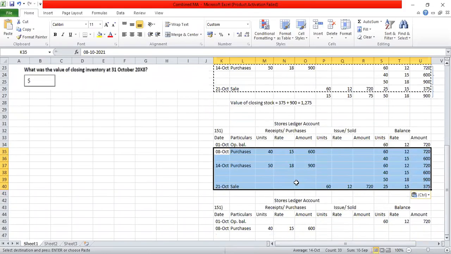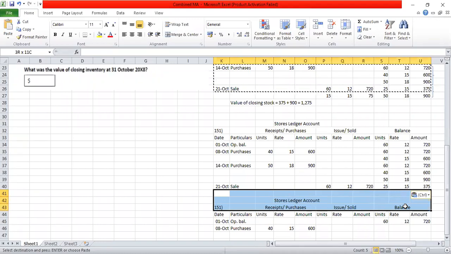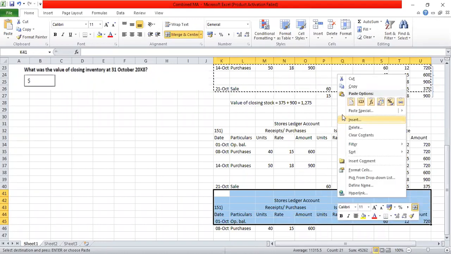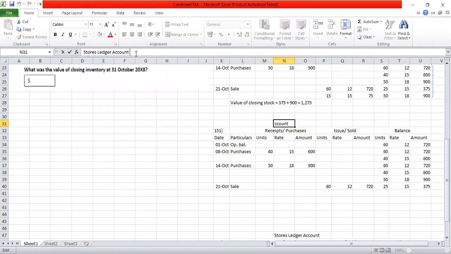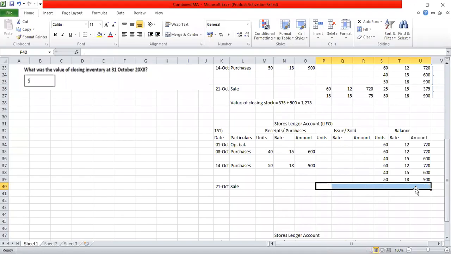Let's check the LIFO method. If the LIFO method is followed, on the date of sale, total 75 units are sold, but whatever has come in last, the last transaction is 50 units.